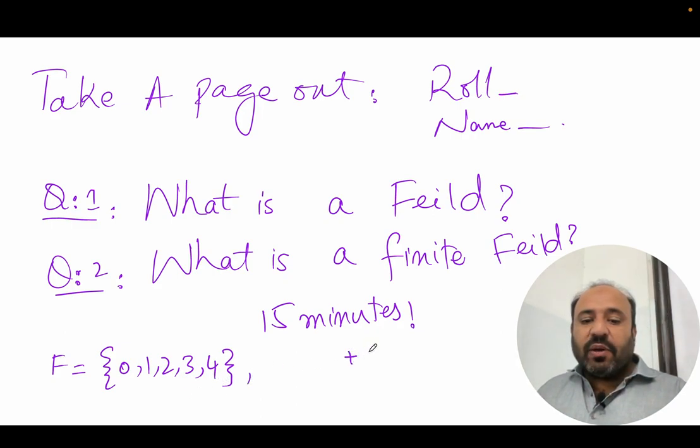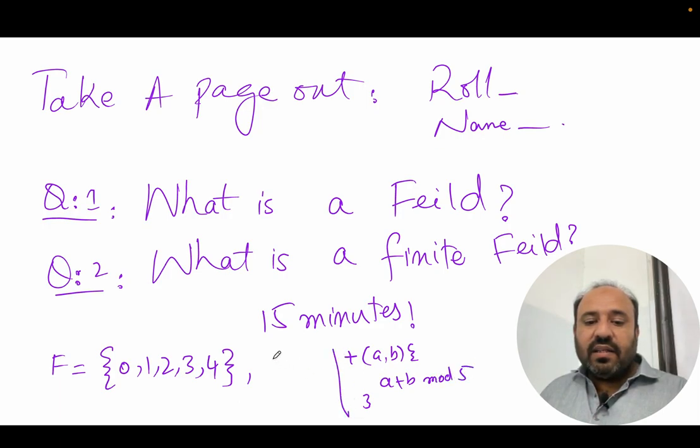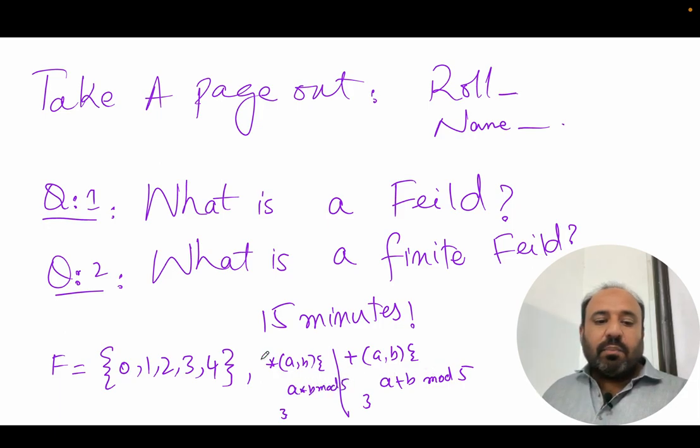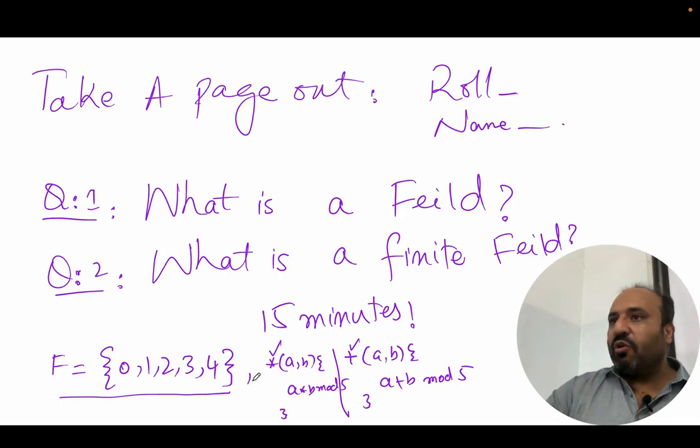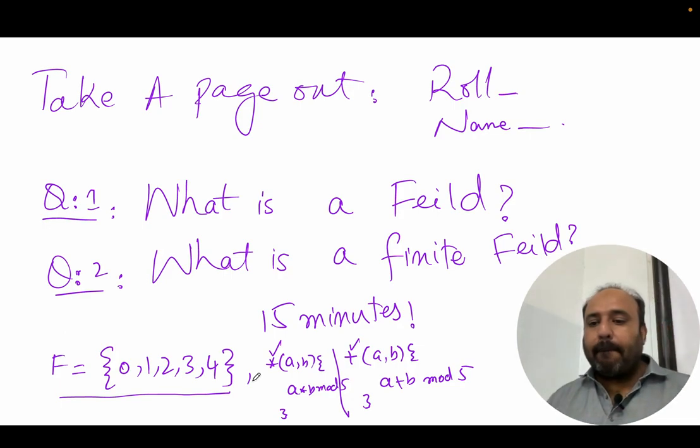I'm defining the operators: a plus b as a plus b mod 5, and similarly a star b as a star b mod 5. Please prove that with this definition of star and this definition of plus, this set is a field. Prove it. Come on. Check all the properties.